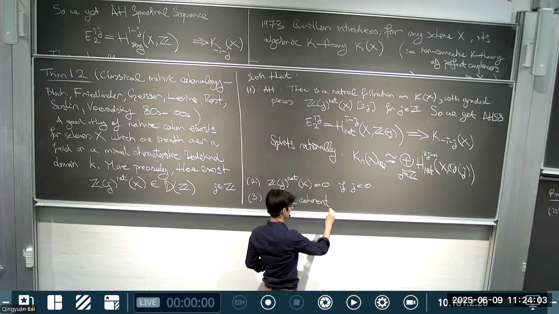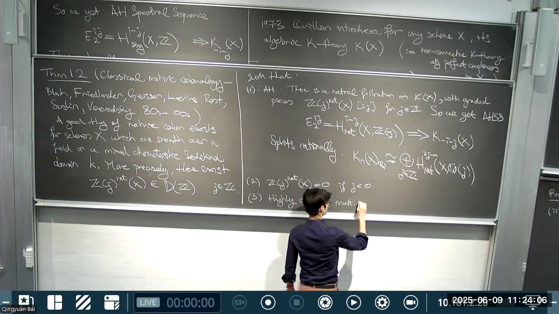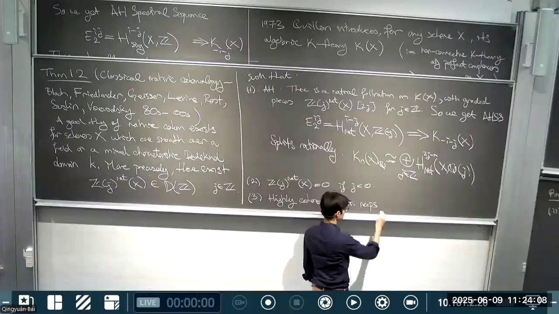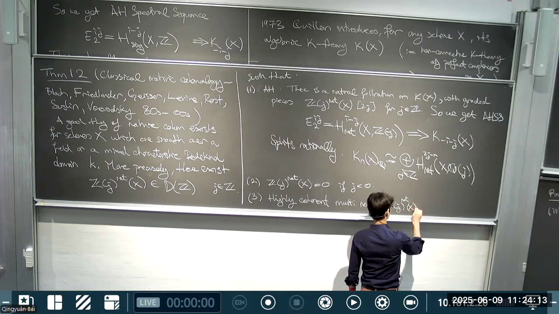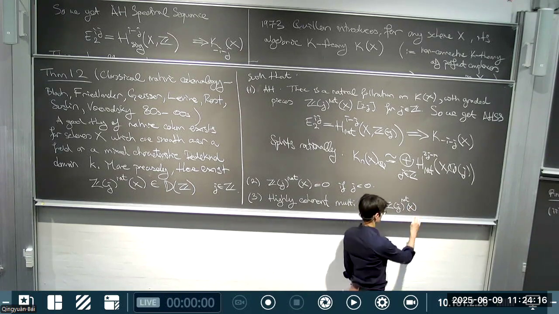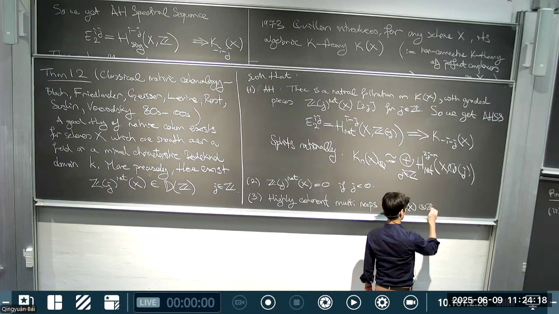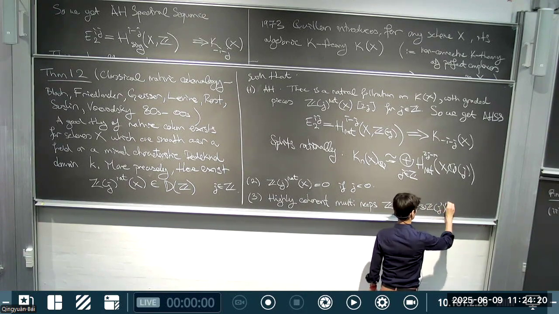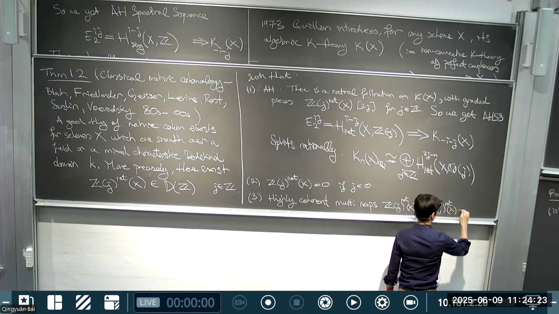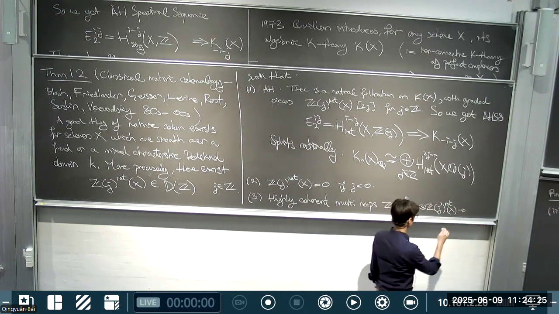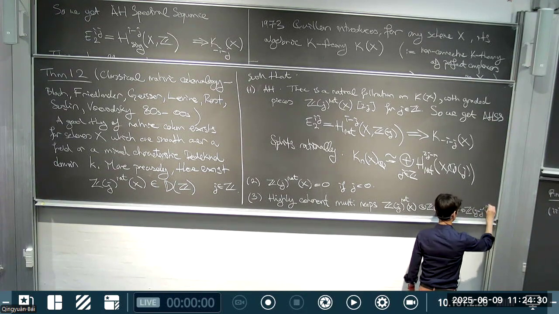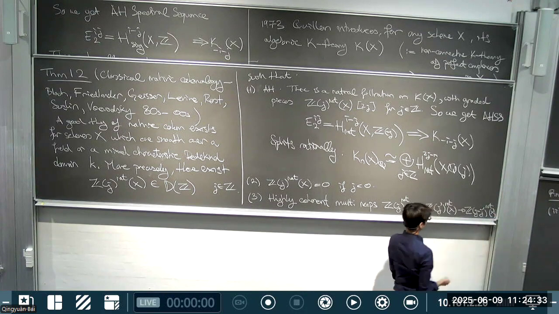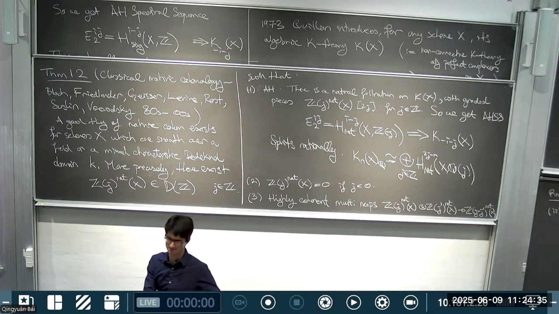We have some highly coherent multiplication maps between the weight j motivic cohomology and the weight j prime motivic cohomology, outputting classes in the weight j plus j prime motivic cohomology. More precisely, everything assembles to an E-infinity algebra in weighted spectra.